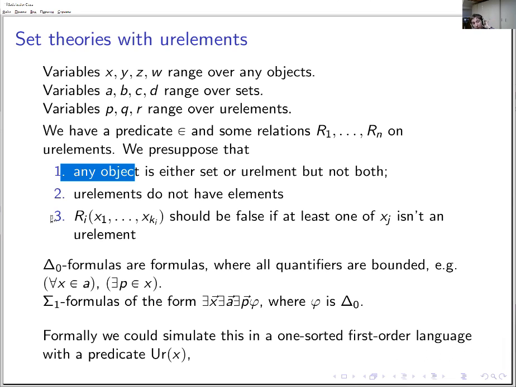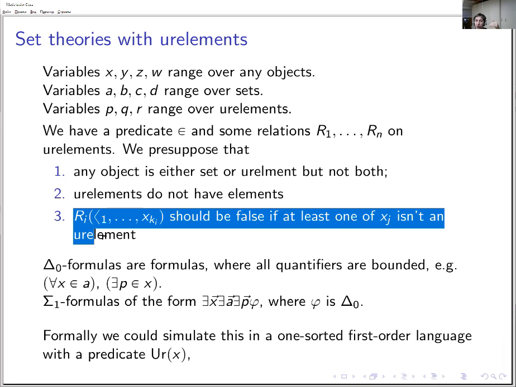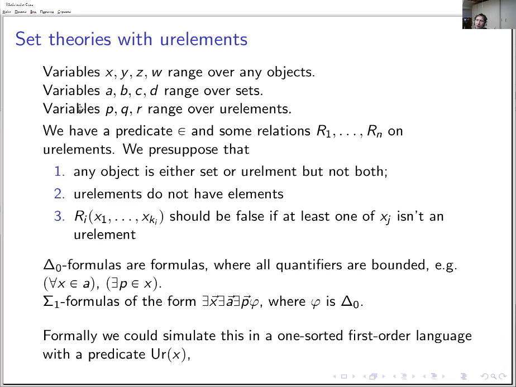Then you should have axioms saying that urelements do not have elements, and stating the restriction on the predicates Ri. The three sorts of variables can then be simulated in a straightforward manner.